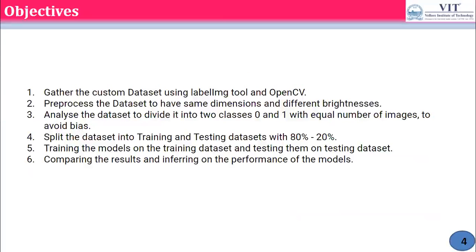Yes, sir. The objectives of this project are, first of all, to gather the dataset that we need using two major tools, OpenCV and LabelImg for labeling, and then pre-process the dataset using OpenCV tools. We have to make all the dimensions the same and have different brightnesses so that our model could be more robust to new images.